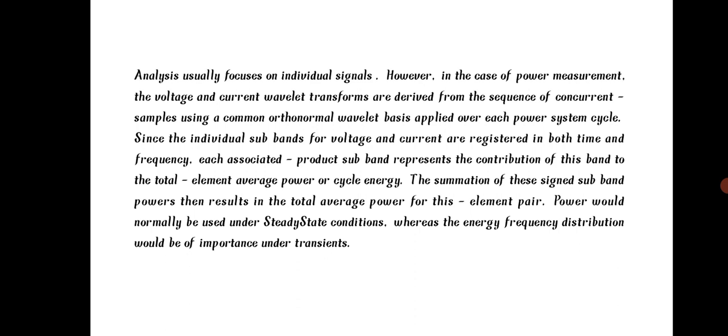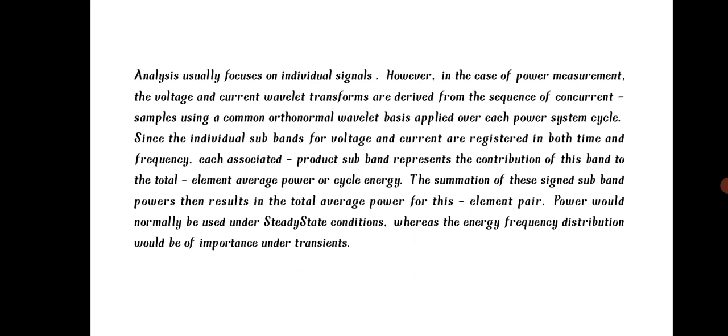However, in the case of power measurement, the voltage and current wavelet transforms are derived from the sequence of concurrent samples using a common orthonormal wavelet basis applied over each power system cycle.